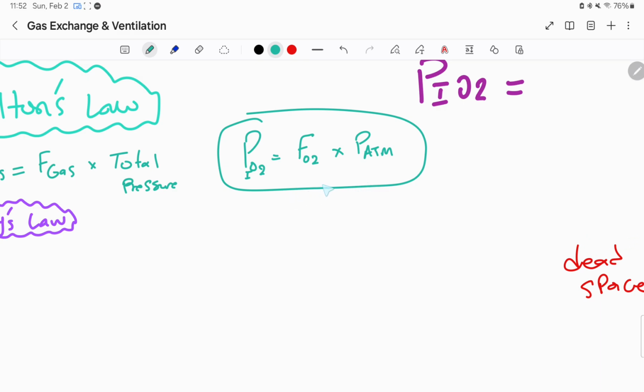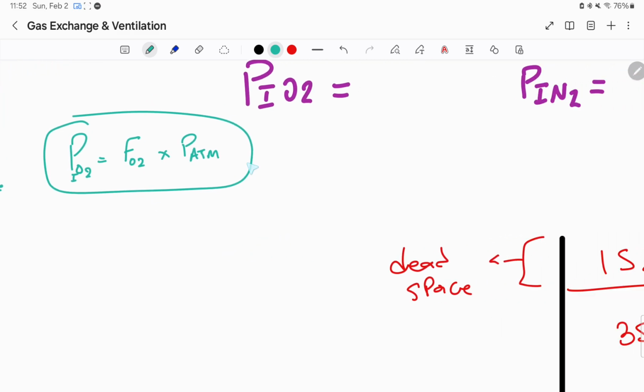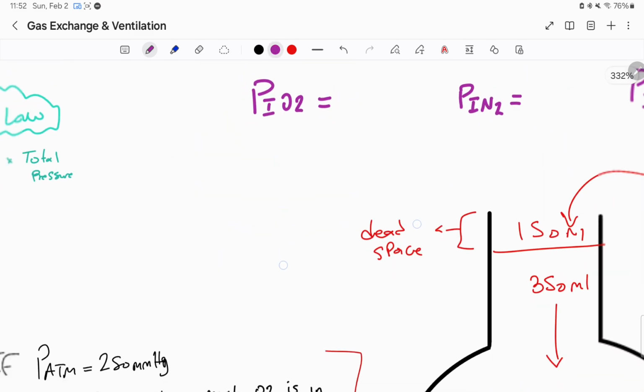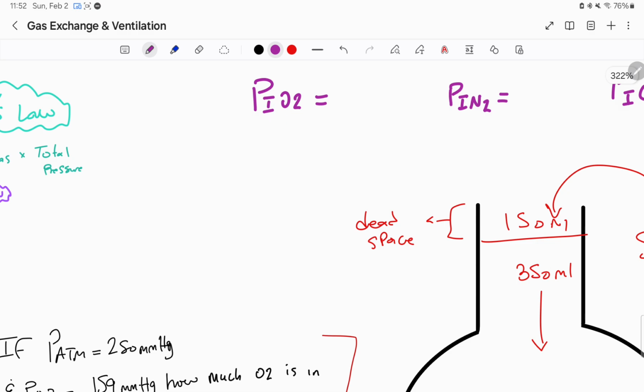So, if that's the scenario, let's get rid of this and come over here and start calculating our partial pressure of inspired O2. How much oxygen am I going to get when I breathe? Well, to calculate the partial pressure of oxygen, we have to know the gas fraction.